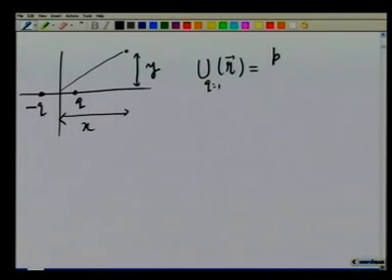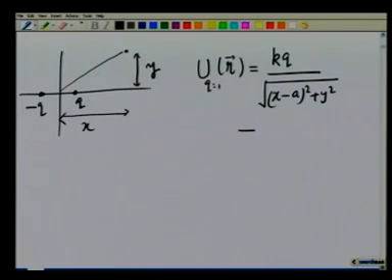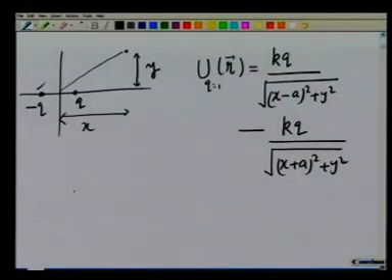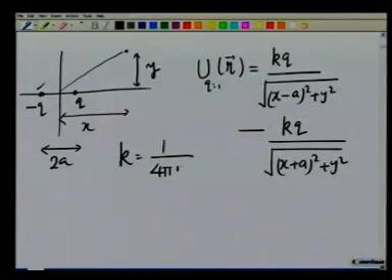It is going to be k q over square root of (x minus a) square plus y square, minus, due to the other charge, k q over square root of (x plus a) square plus y square, where I just want to remind you the distance between the charges is 2a and k is 1 over 4 pi epsilon 0.